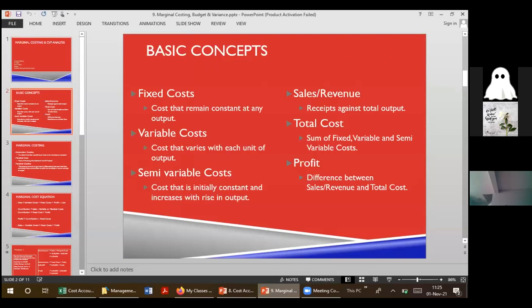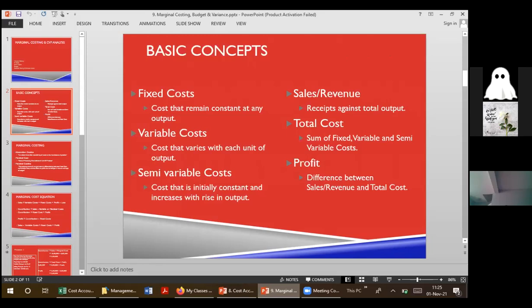So again, the basic concepts for CVP analysis are the same. We know what fixed costs are, we know what variable costs are. Fixed costs remain constant at any level of production. Variable costs vary with each unit of output.